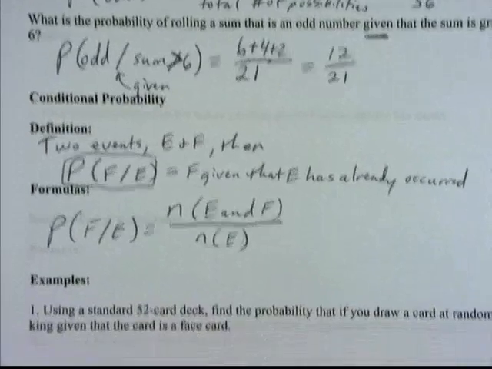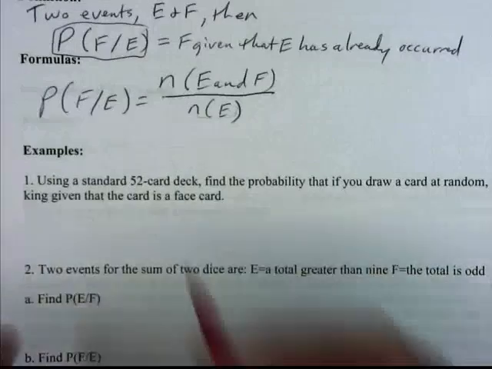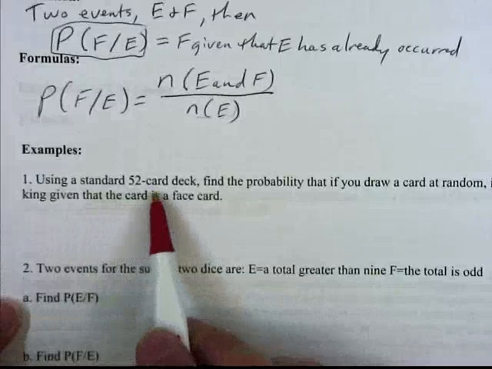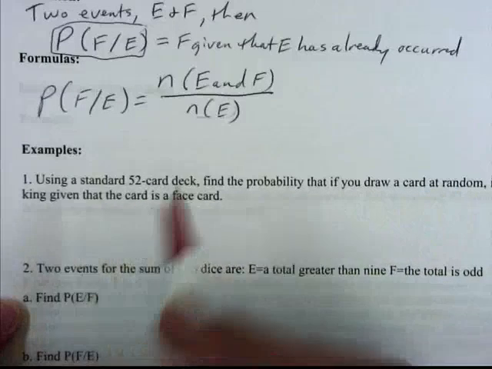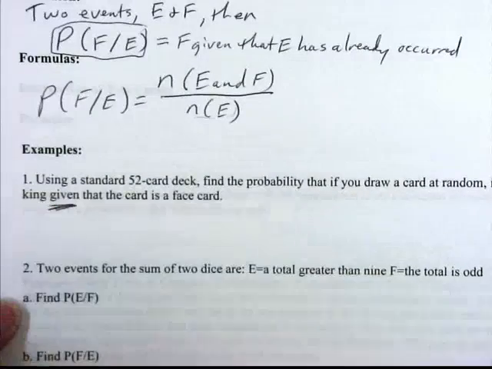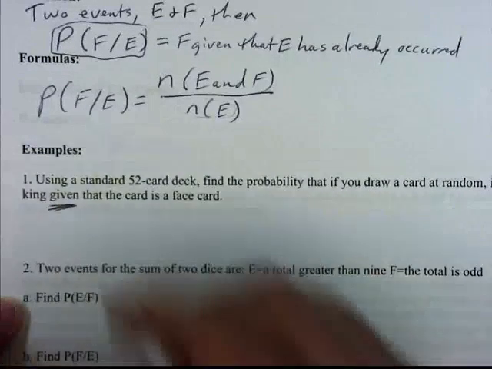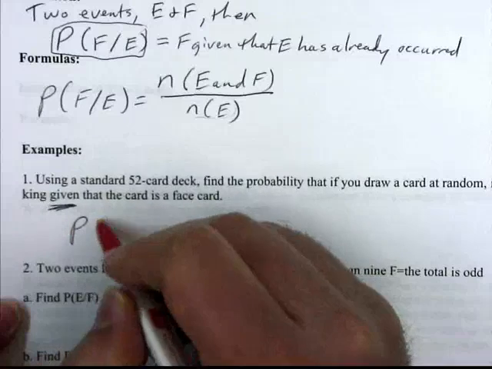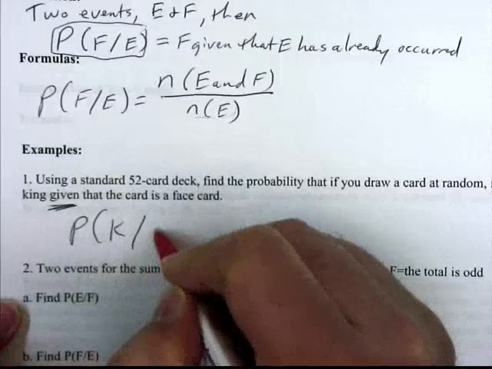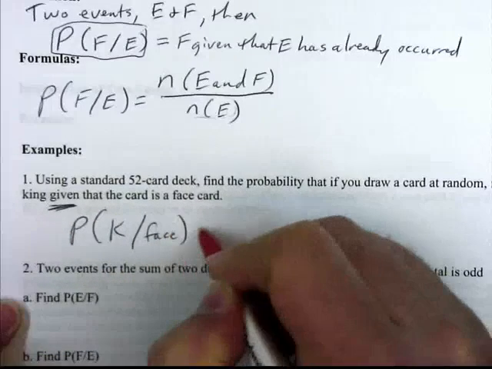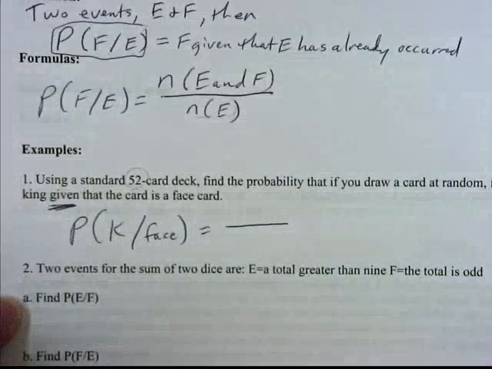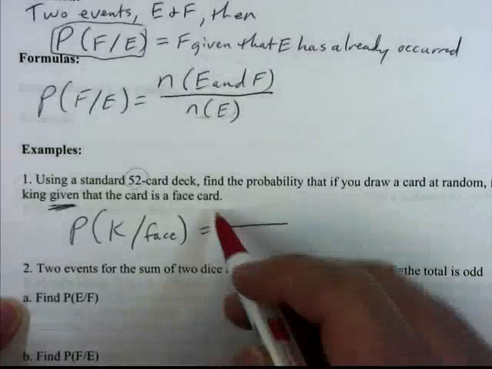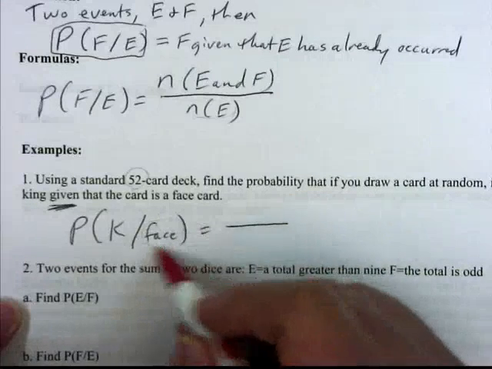So let's look at another example of this. It says, using a standard 52-card deck, find the probability that if you draw a card at random, it is a king, given that the card is a face card. So if we're looking at the probability of a king, given that it's a face, what that does is instead of dealing with the 52 cards anymore, we are now dealing with only the face cards.